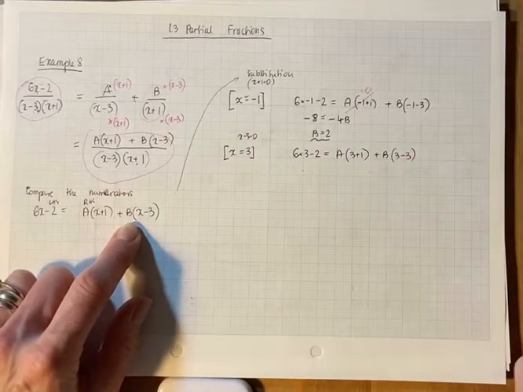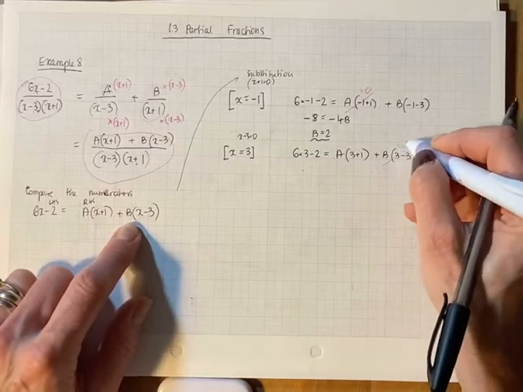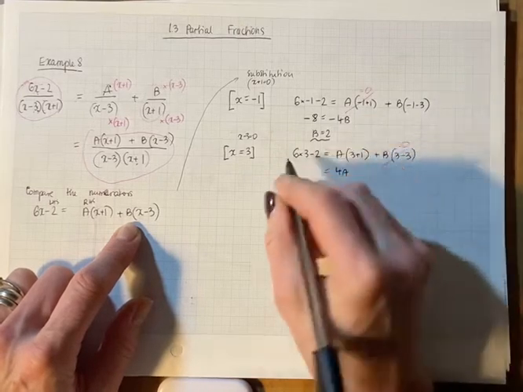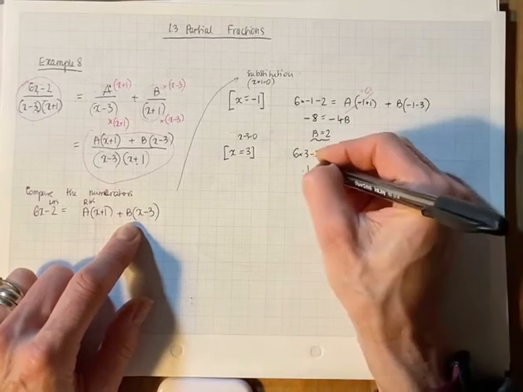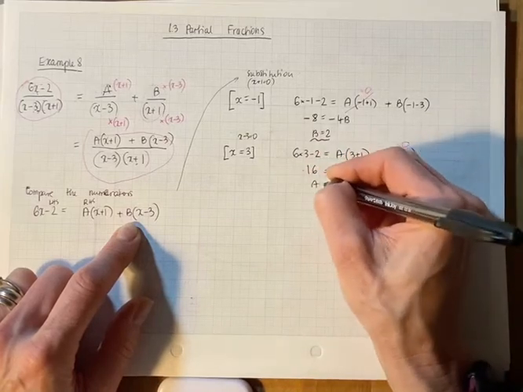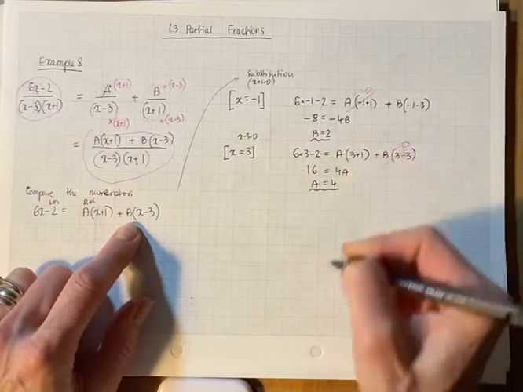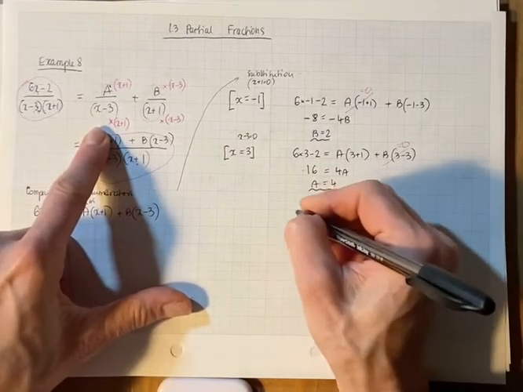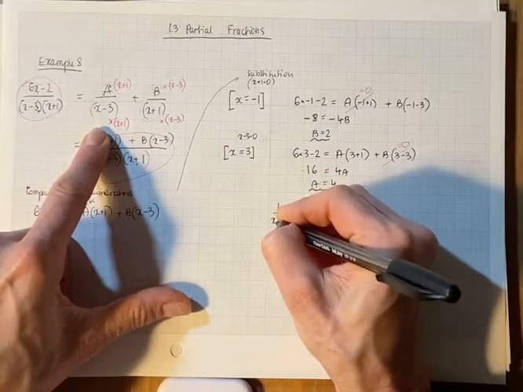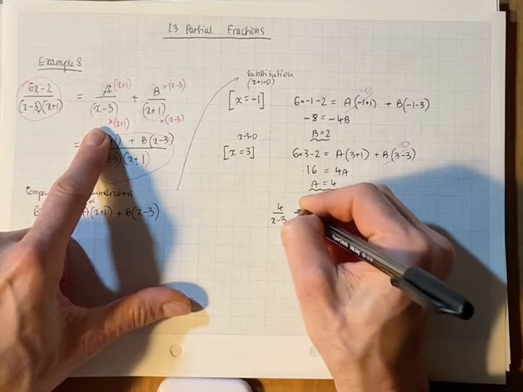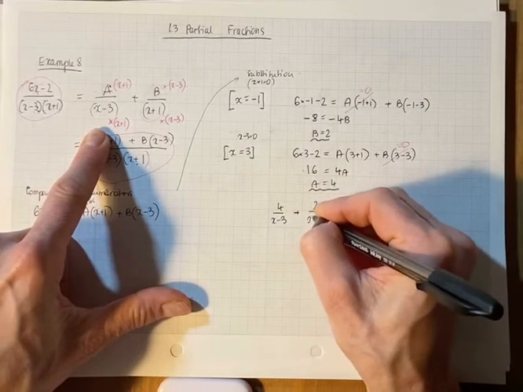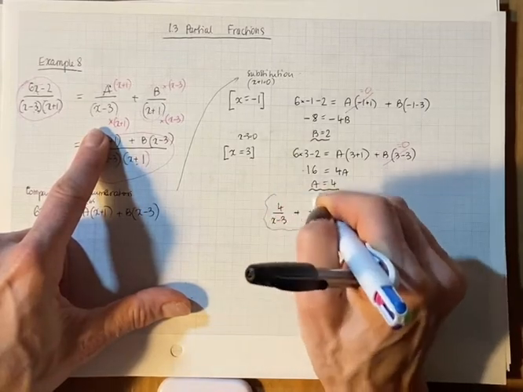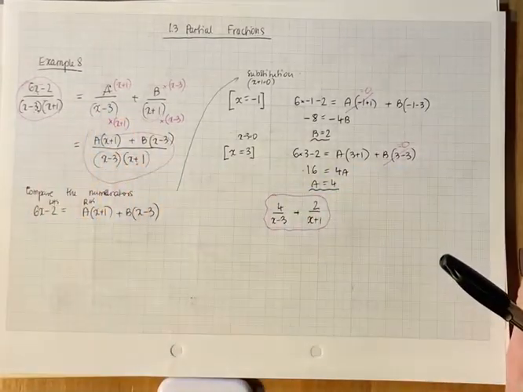So again, this time B will go to 0, and you will have 4A, and then 18 minus 2, which is 16, giving me A is equal to 4. So what's my answer? You're going to have 4 over x minus 3 plus 2 over x plus 1. So that is our fraction split into partial fractions.